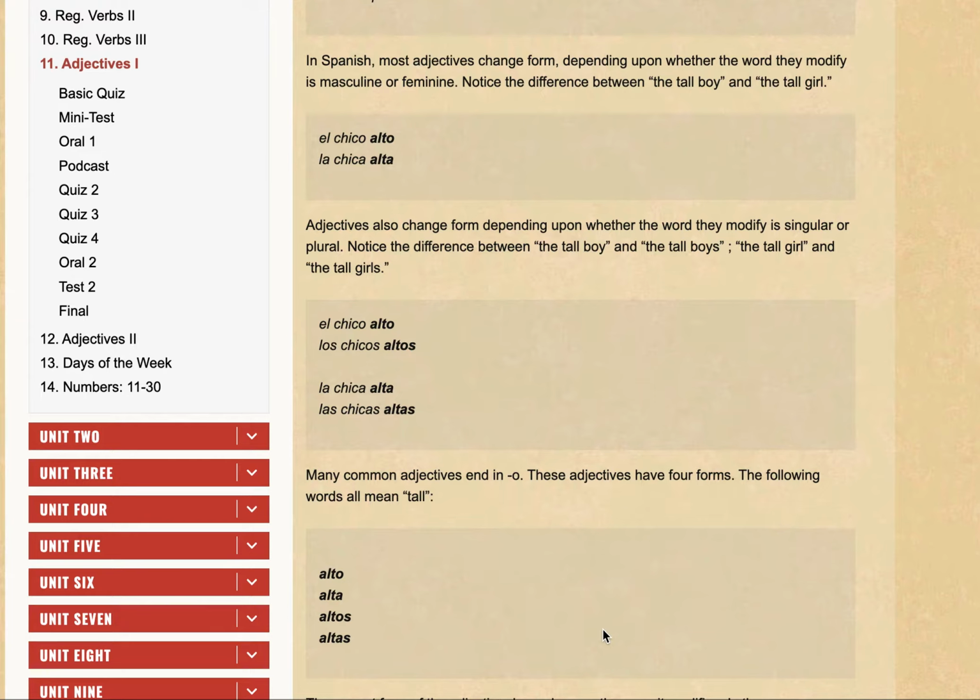But what we also saw was that if you try to compare between masculine and feminine, unlike with adjectives that end with "o", the ones that end with "e" stay the same, irrespective of whether it is masculine or feminine.